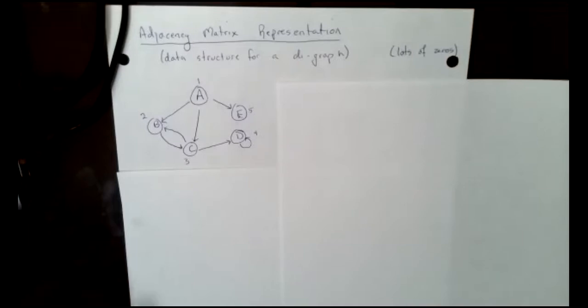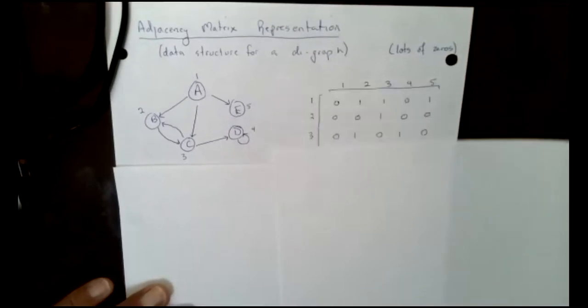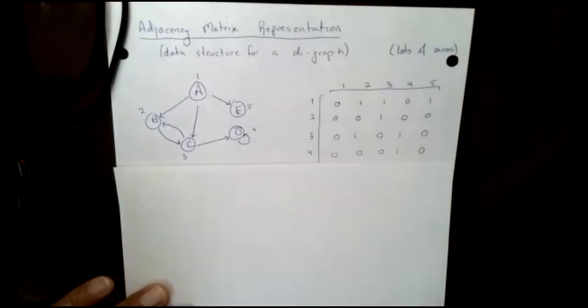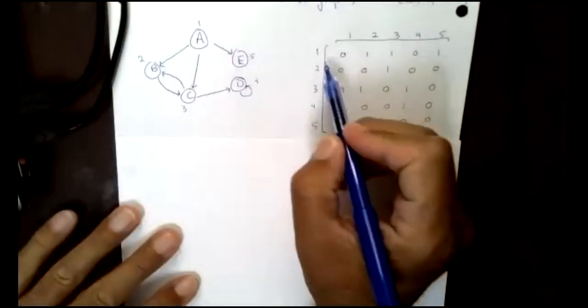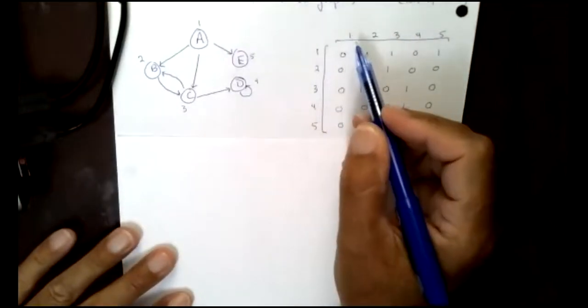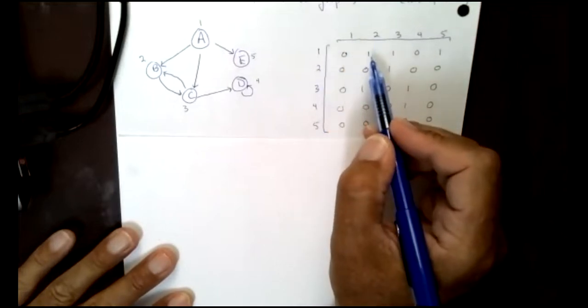Well, I dodge bullets every time I see a matrix. You can't see me doing it. All right, so how do I do it? Well, quick solution here is I'm going to draw 1 through 5, 1 through 5. I am going to say, does 1 go to 1? The answer is no. Does 1 fly to 2? The answer is yes.